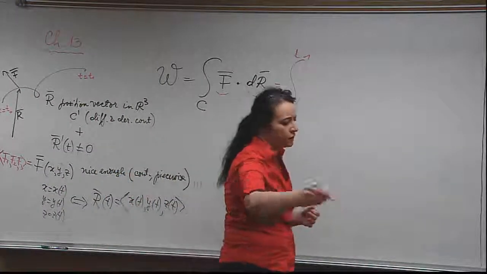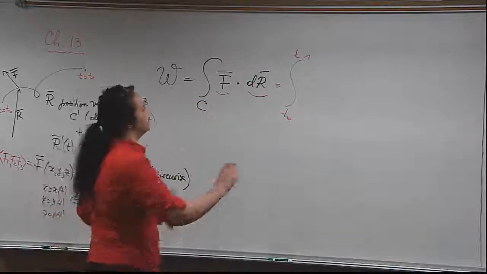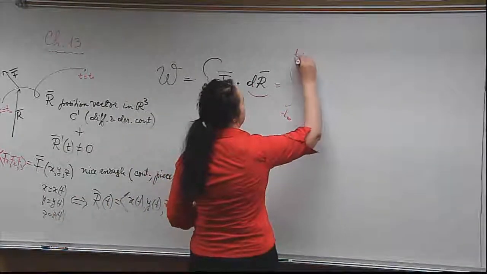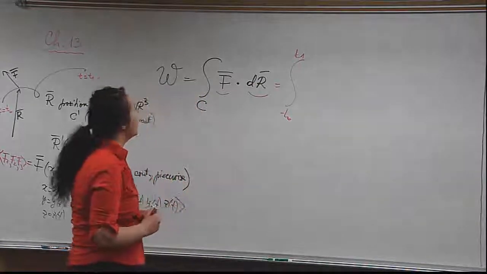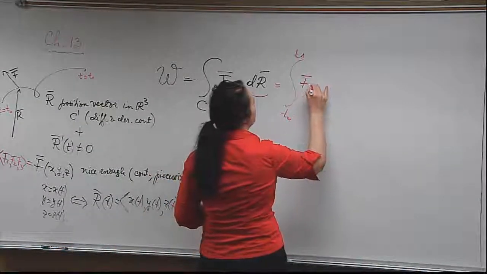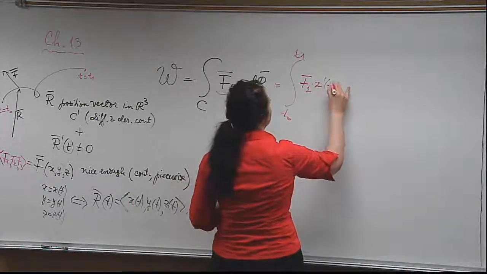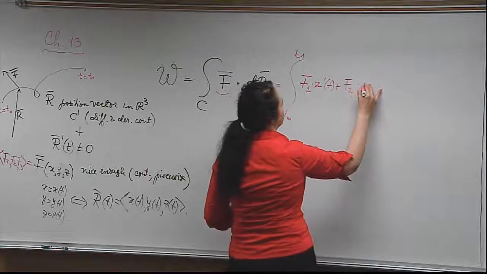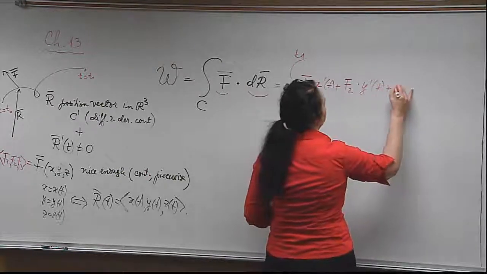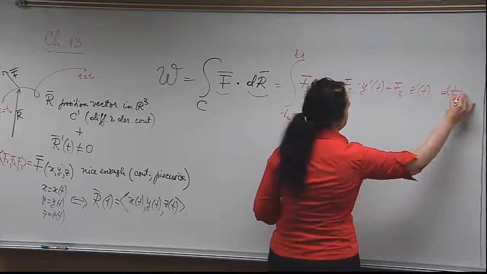Maybe your curve is piecewise differentiable. You don't know what it is, but let's assume just a very nice smooth arc here. Of what? Of f1 times x prime of t plus f2 times y prime of t plus f3 times z prime of t dt.